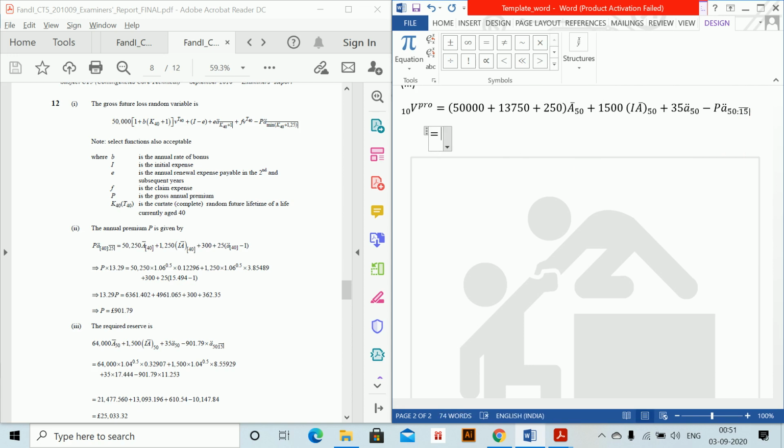So which is equals to 64,000 into 1.04 to the power 0.5 into 0.32907 plus 1500 into IA bar 50.